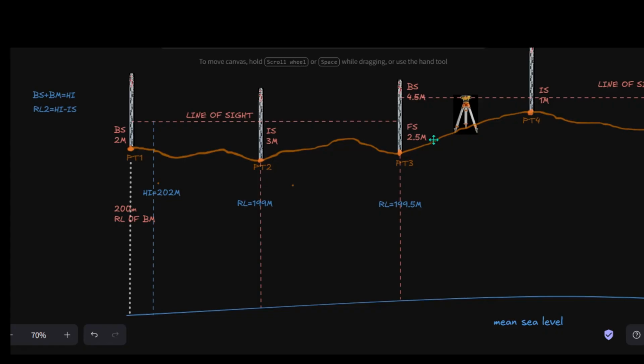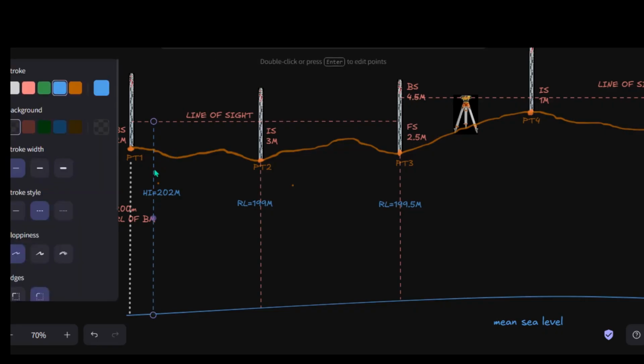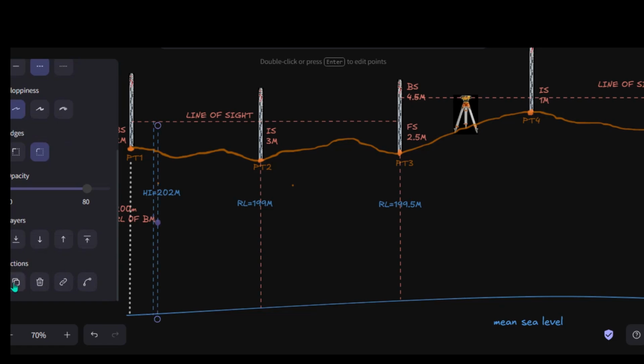The last reduced level was 199.5, right? You add it to the backsight reading. The backsight reading is 4.5. Add it to 199.5. That is about 204. So the new height of the instrument is now 204.